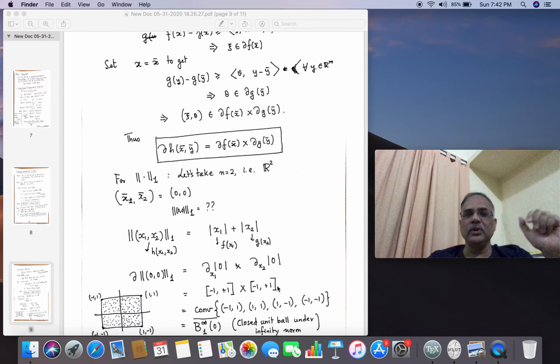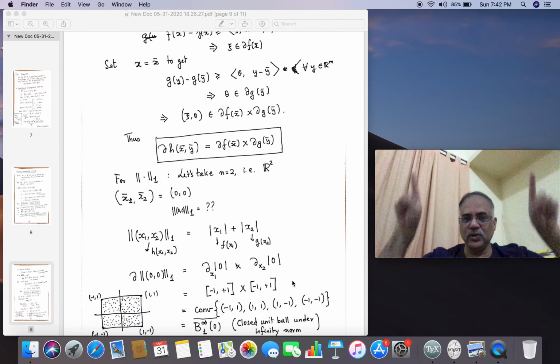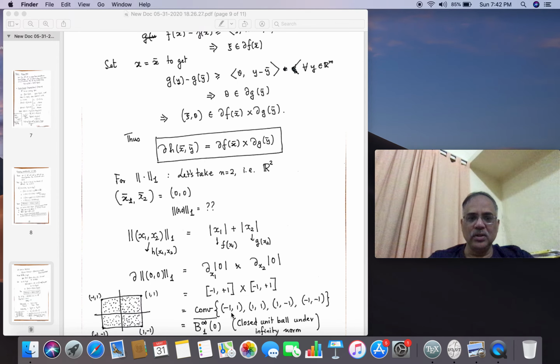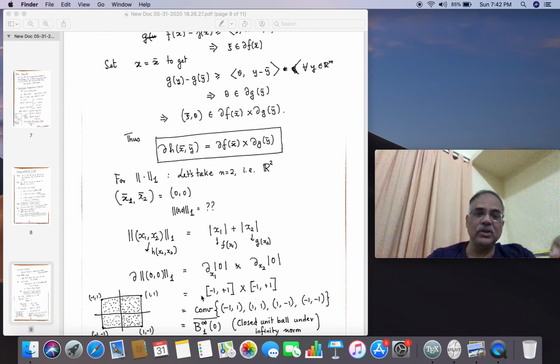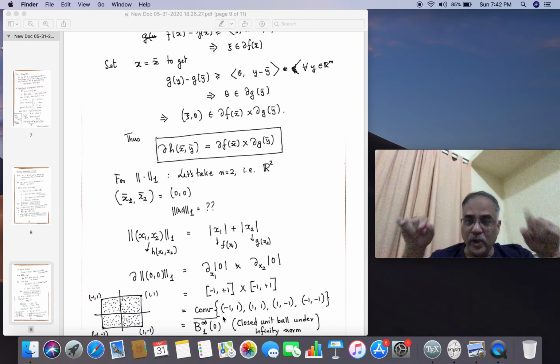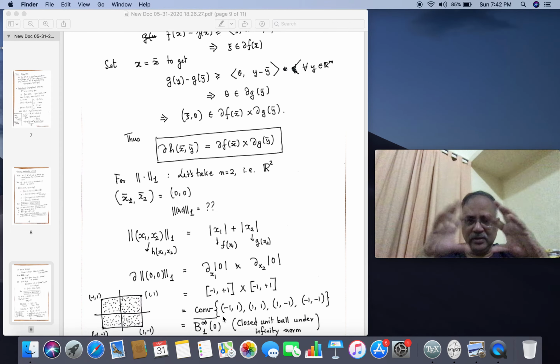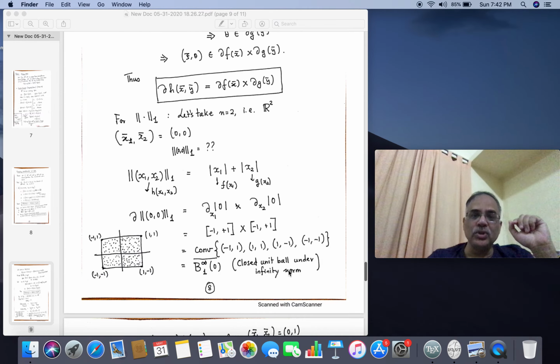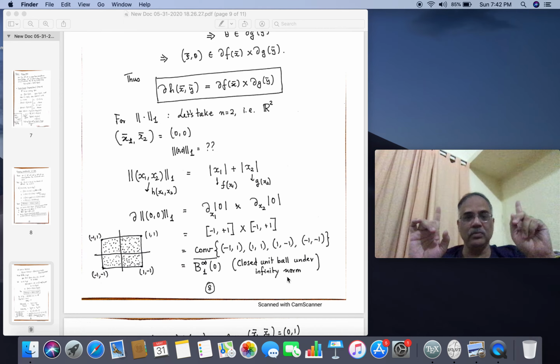If you take the Cartesian product of [-1, +1] and [-1, +1], you get a square whose vertices are (-1, 1), (1, 1), (1, -1), (-1, -1). The square is nothing but the convex hull of these, and that square is nothing but the closed unit ball under the infinity norm.